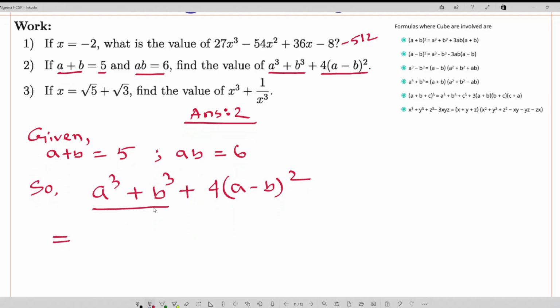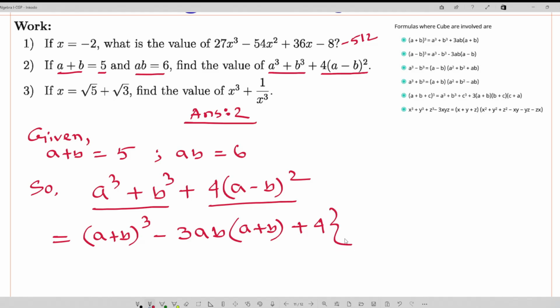So this one, as per the cubic formula, we will write a plus b whole cube minus 3ab times a plus b, right? And against this one we can write 4. We know a minus b whole square we can write as a plus b whole square minus 4ab, right?